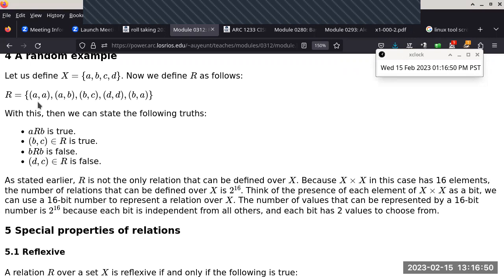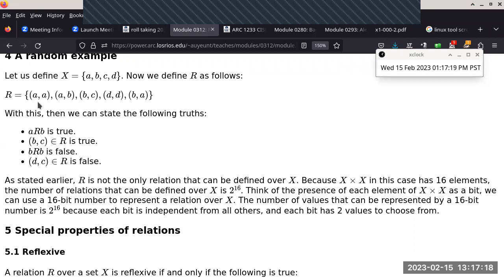In the set of less than, an integer does not relate to itself because an integer is not less than itself. Okay. So in this case, I just choose that A relates to itself, A relates to B, B relates to C, B relates to D, and you can also see that B relates to A because it is directional. Just because A relates to B does not mean B relates to A. So those are 2 distinct relations.